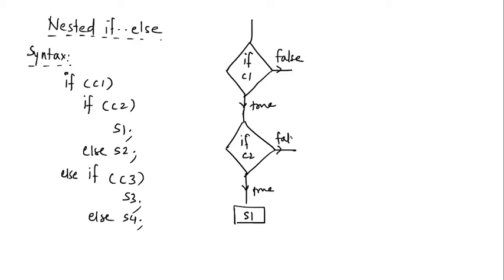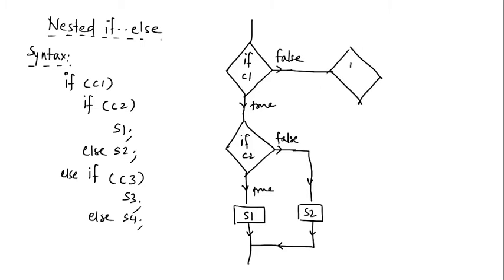If C2 is false, then we are having S2. And they meet like this. Okay, now this is when C1 is true. Now when C1 is false, this complete if else will be skipped and we take another path.